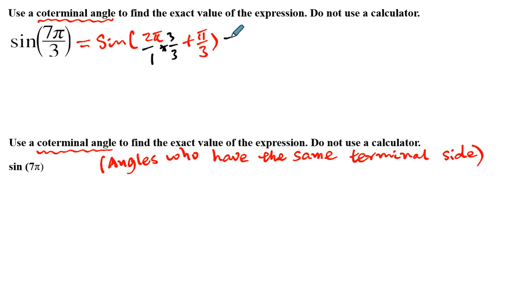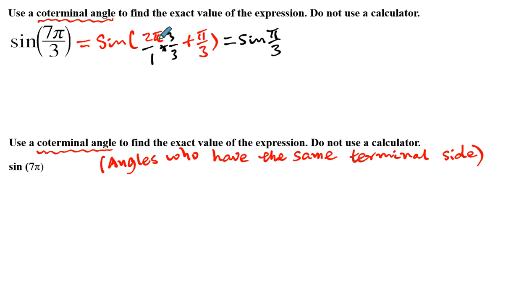So then you know sine of 2 pi plus pi over 3 is just sine of pi over 3, because the period of sine is 2 pi.